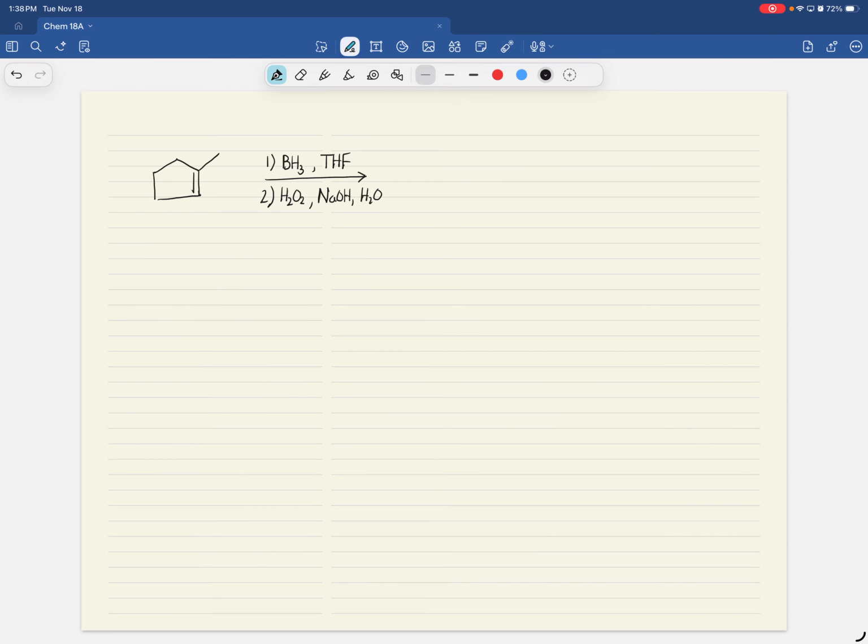I think I'm trying to read this. Step one is from boron. But I don't know where it goes here. Hard boron.